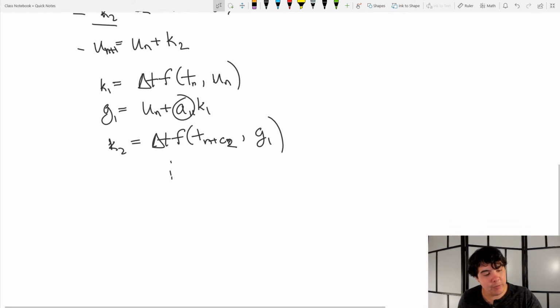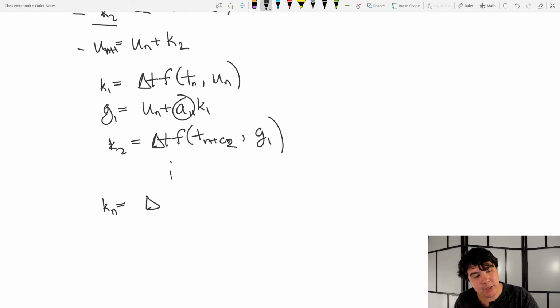So that way we have k sub m equals delta t times f of t sub n plus c sub m.